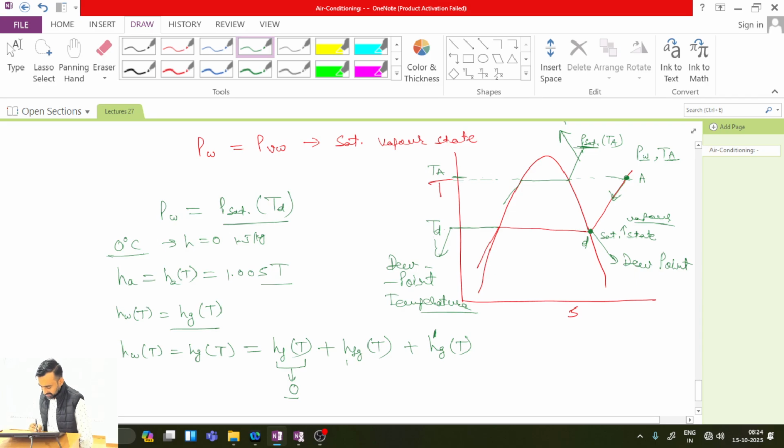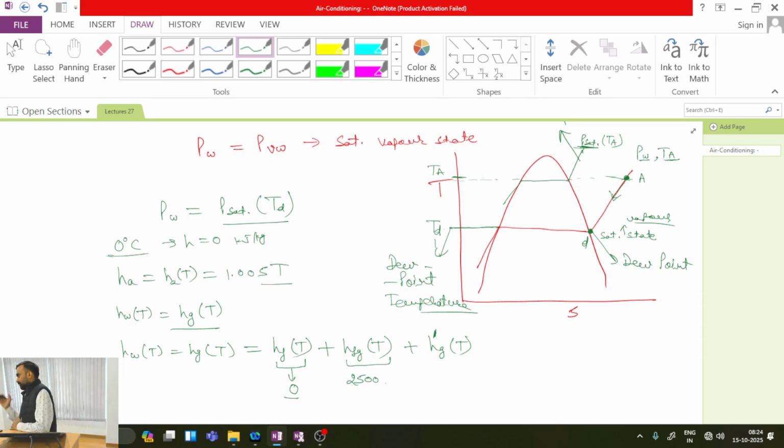Now HFG at this condition is nearly close to 2500 kilojoule per kg. Within the range of 0 to 50 degree Celsius temperature, because this is a very narrow range of temperature, the average value of latent heat of vaporization is almost 2500 kilojoule per kg. Is this point clear?